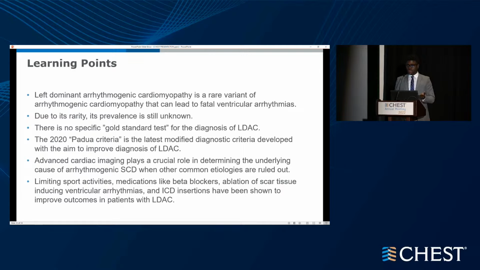But unfortunately, like I said, our patient did not get the genetic testing, but still had the CMR finding.